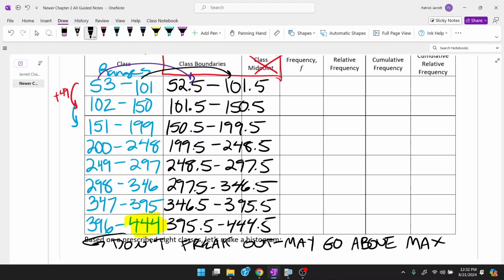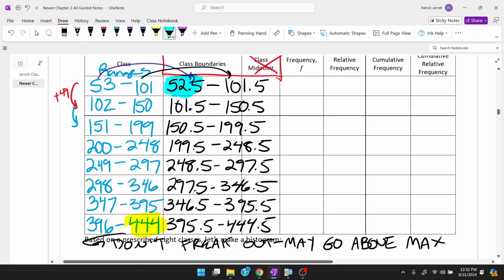So what happens here, if you go by actual raw data, it goes from 53 to 101, then it goes to 102. The purpose of the boundaries, that's what we're going to plot on our histogram. Here's our next $1 million question.